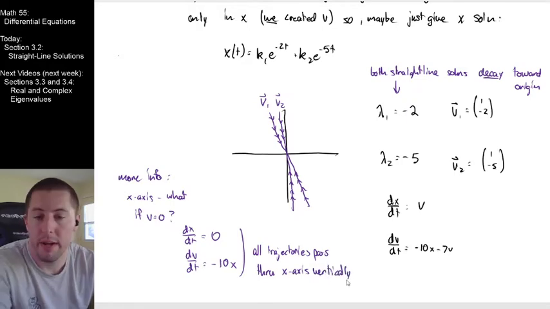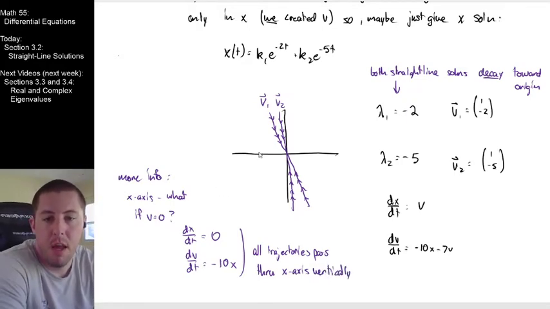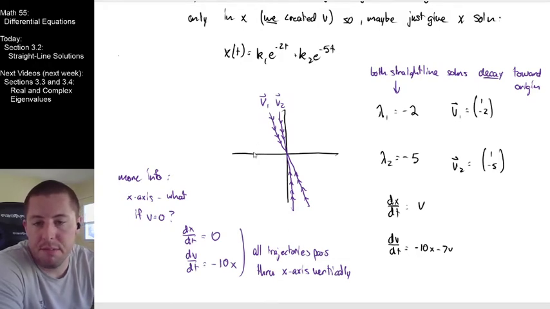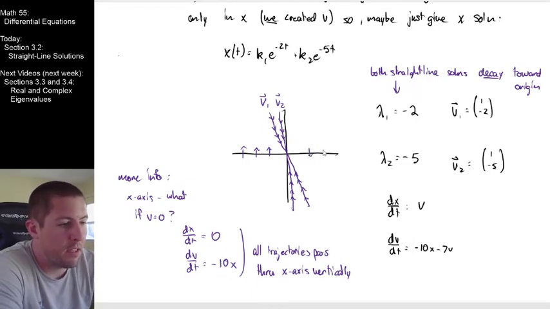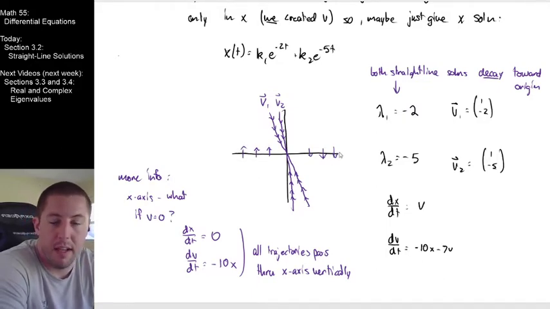Which direction are they going? Well, I think I can just plug in a number. Notice that if x is negative, then dv/dt is positive. So I will be growing up through the axis here. And notice that if x is positive, dv/dt is negative. So I believe I'll be going downwards through that axis right there. So I'm anticipating that I'm going to need to follow these little arrows that I know here.